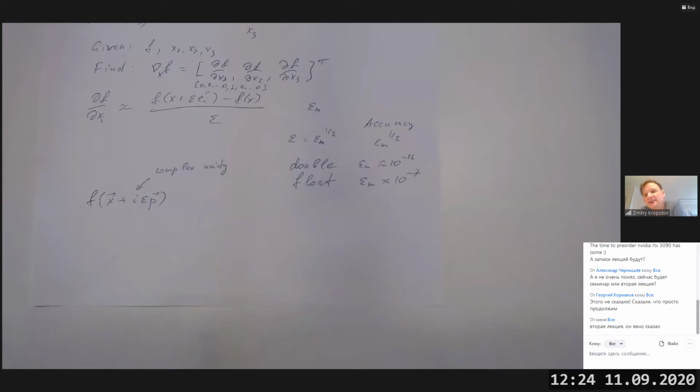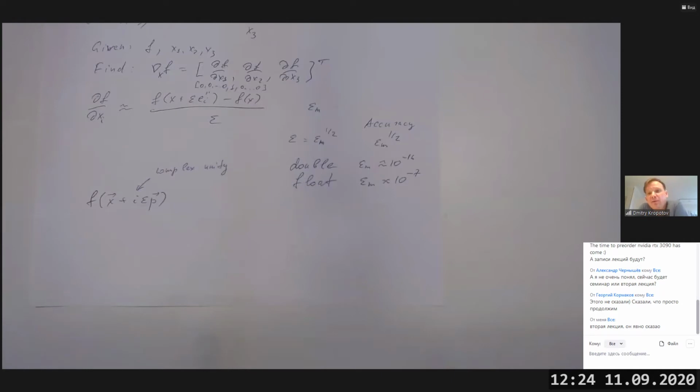Fortunately, this extension may be done uniquely for a function that is infinitely continuously differentiable. If your real valued function is infinitely continuously differentiable, you may extend it to the complex space in a unique way.